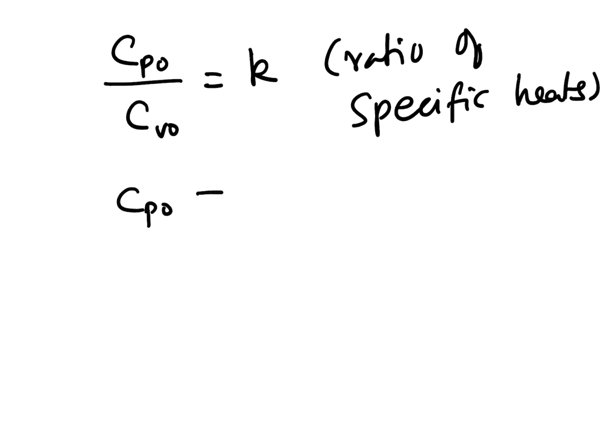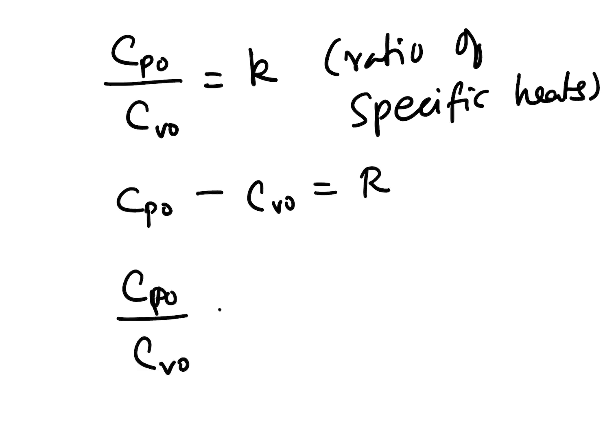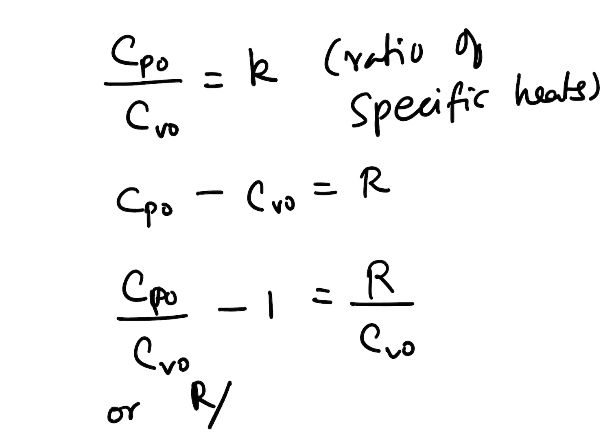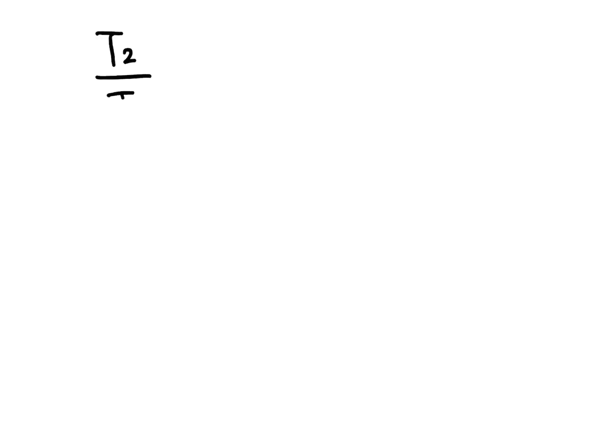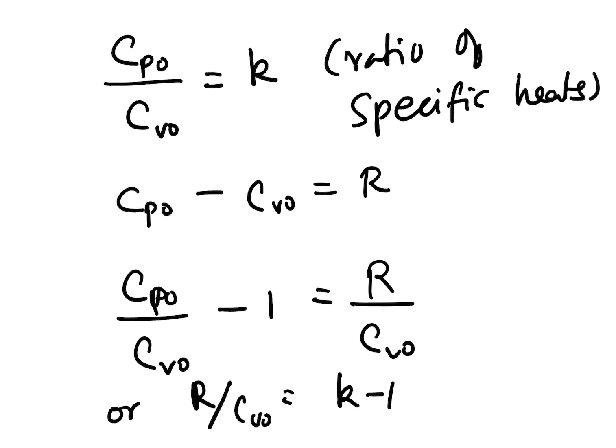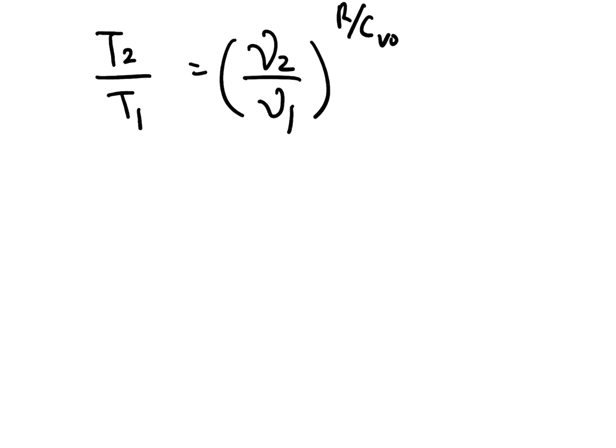So I have Cp naught minus Cv naught equals R; Cp naught divided by Cv naught minus 1 equals R divided by Cv naught, or R divided by Cv naught equals K minus 1. I'm going to use this in this relation: T2 over T1 is nu2 over nu1 to the power R divided by Cv naught, which is K minus 1.